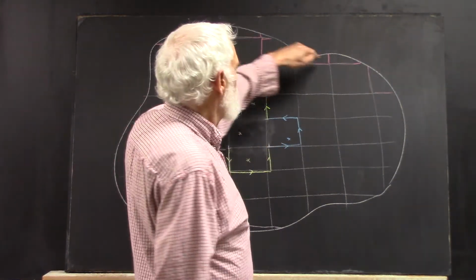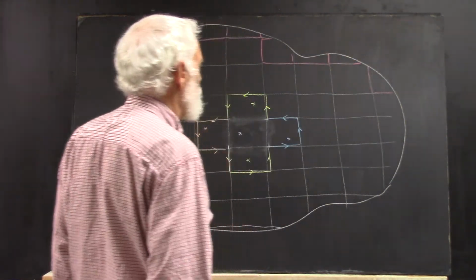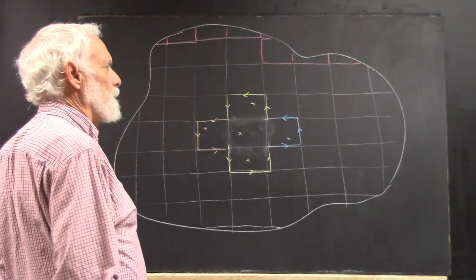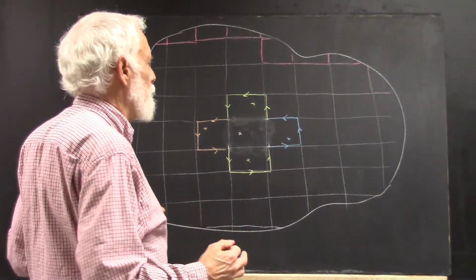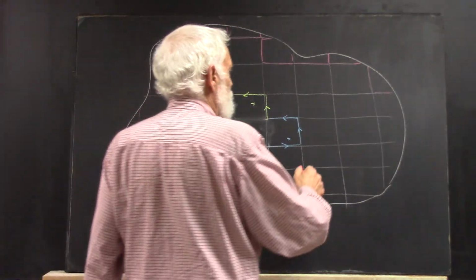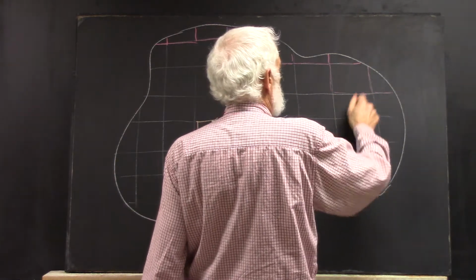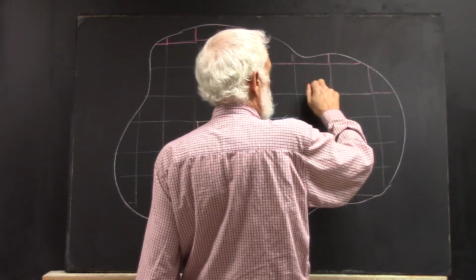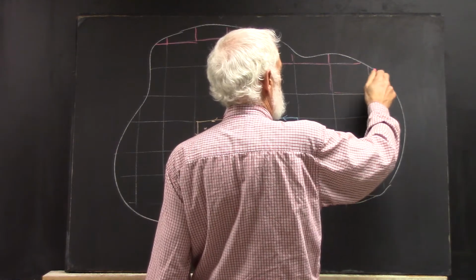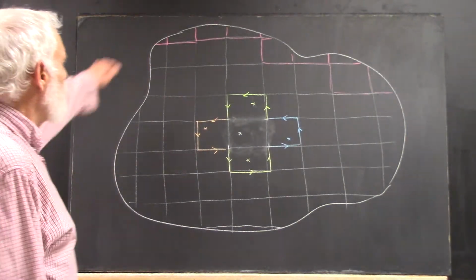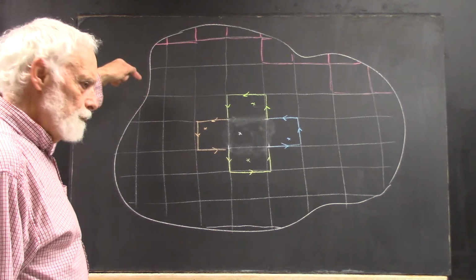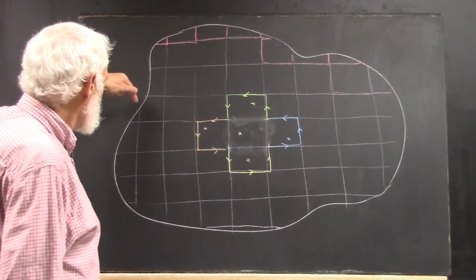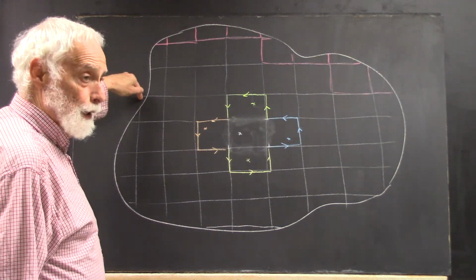Only the pieces of rectangle that coincide with the boundary are going to end up not being canceled by the rectangles that surround it. And it looks like I'm going to have to use this one. Of course, this side cancels with this one, this cancels with this one, this doesn't cancel with anything. Okay? But in any case, you end up with these rectangles that are not quite rectangles, they're truncated by the boundary.